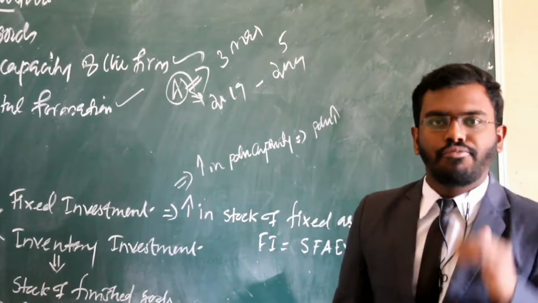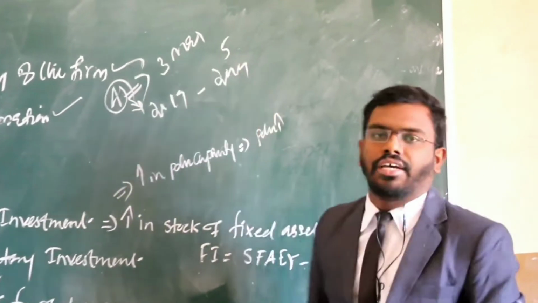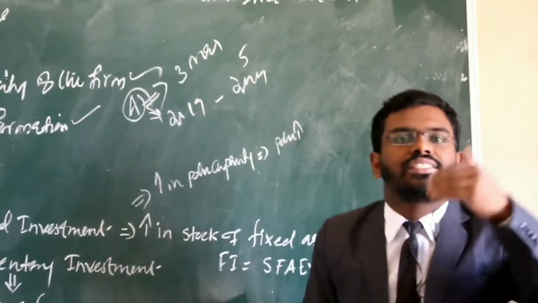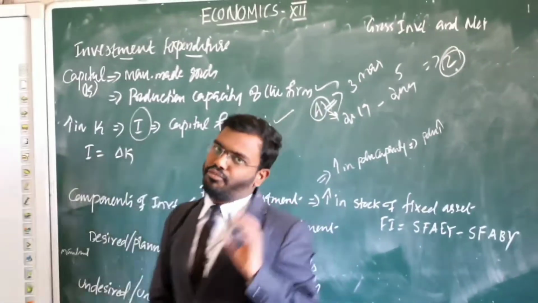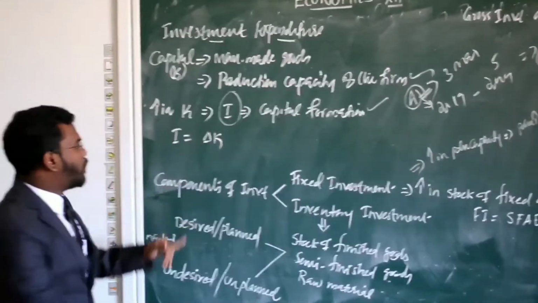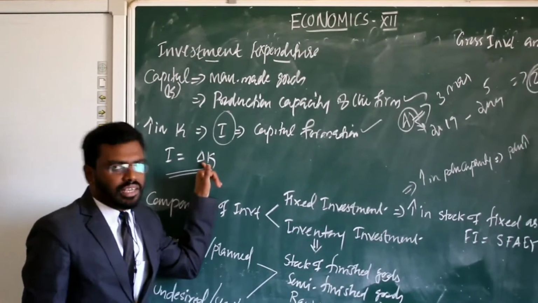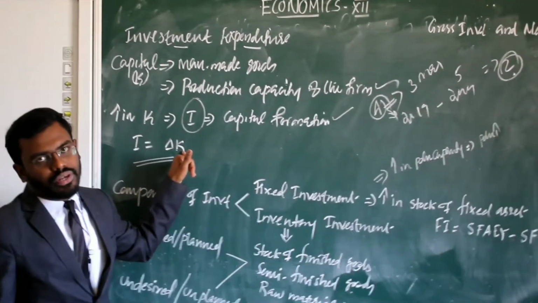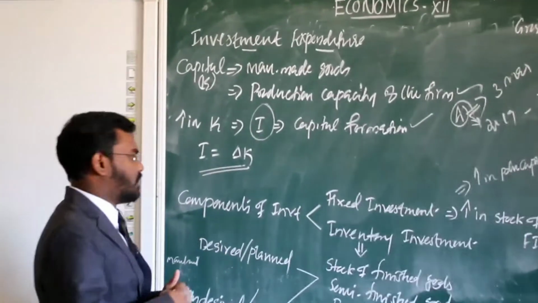So here capital is increased from 3 to 5. What is the change? It is 2. So that 2 is known as investment. Got it? So investment means increase in capital, and symbolically I is equal to delta K. Delta means change, K for capital. So change in capital is known as investment.